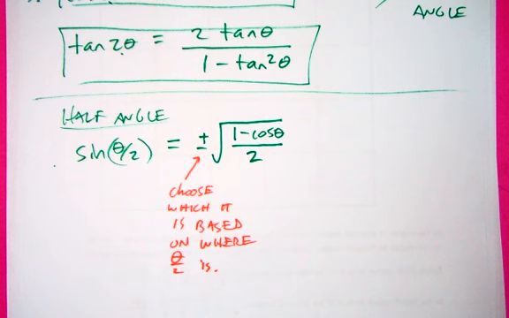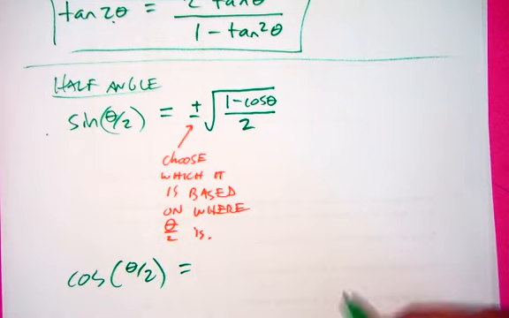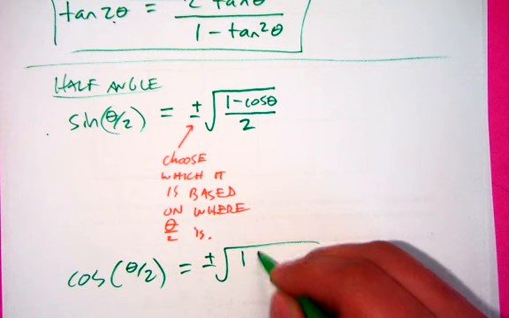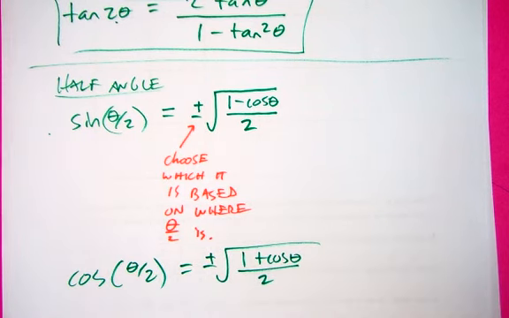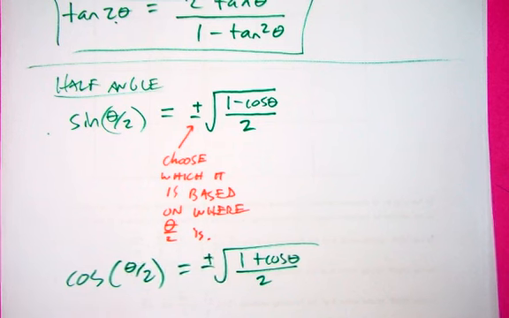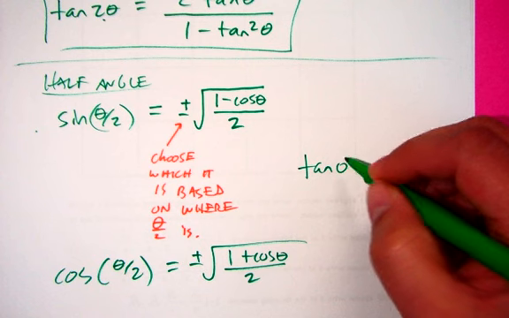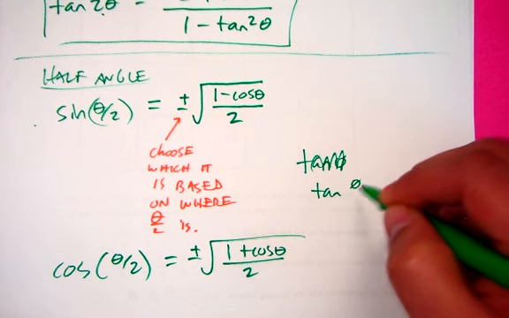Okay? The cosine of theta over 2, same idea. In fact, it's the same exact formula, just 1 plus cosine theta instead of 1 minus cosine theta. And now the tangent of theta over 2.